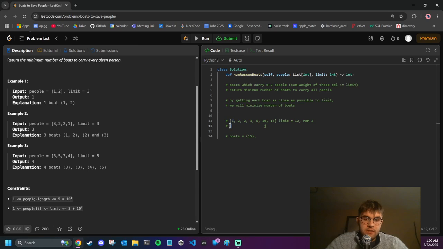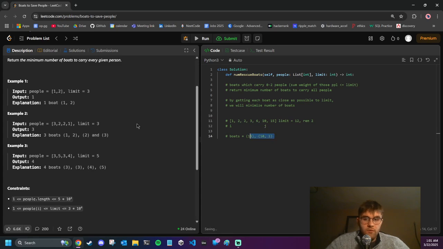I is less than 2, so we should just add them together. And I think this would work because, like I said earlier, no matter which J we get, there's never a better case to use this one because this is the heaviest that we have available. And then we would just keep going until we fill out all our boats.